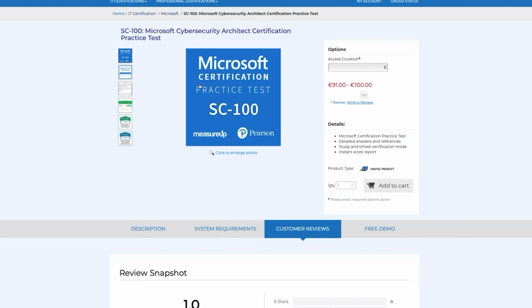I can only advocate for Measure Up, but if you don't have the appetite to invest in those kind of pricey practice exams, then I would say skip it altogether. But it really gives you a good practice base for questions that you might get in the actual certification exam.